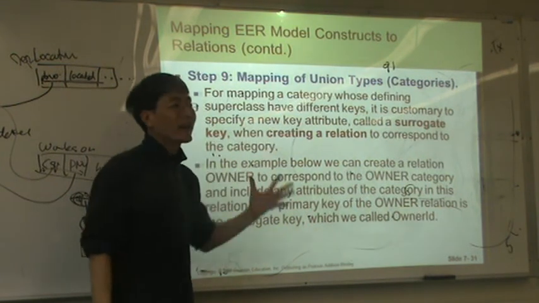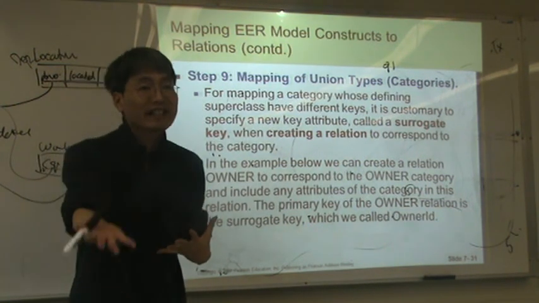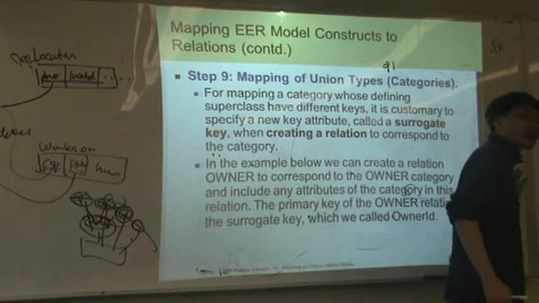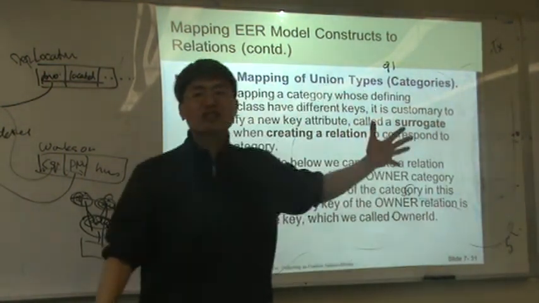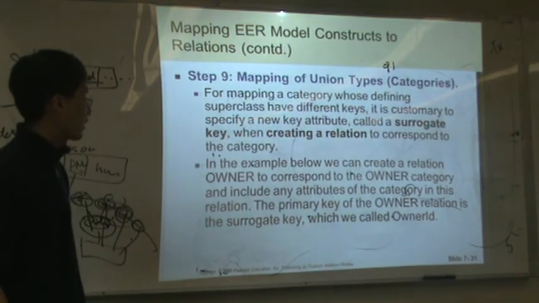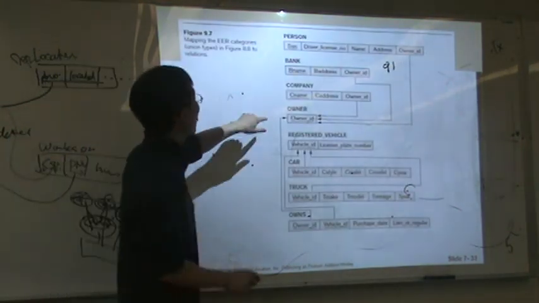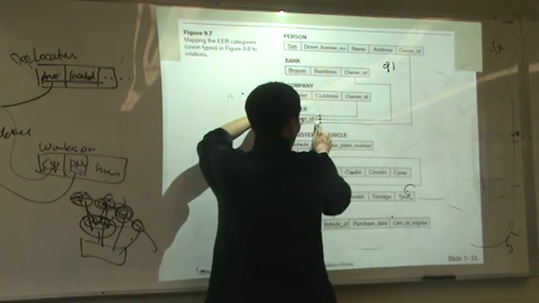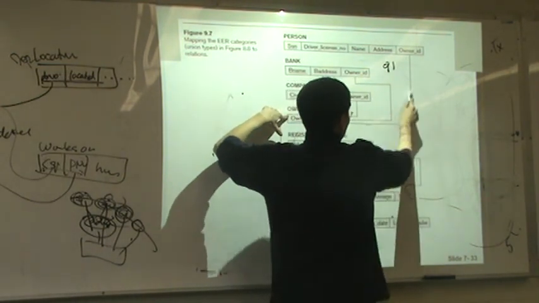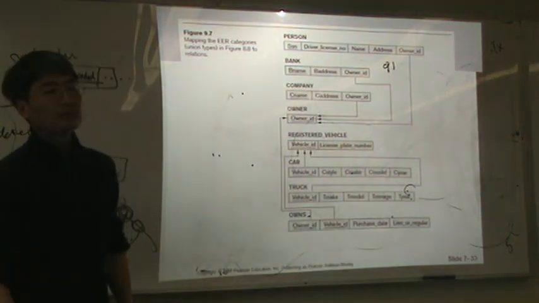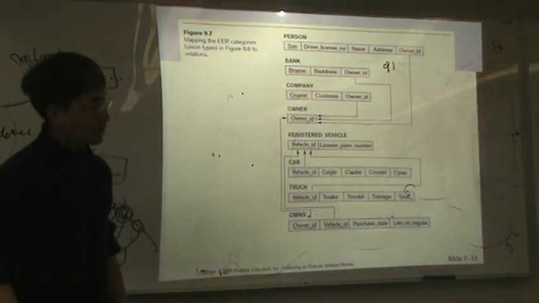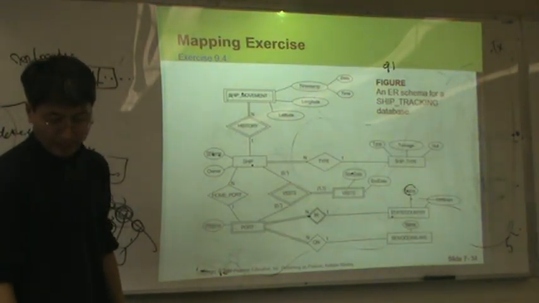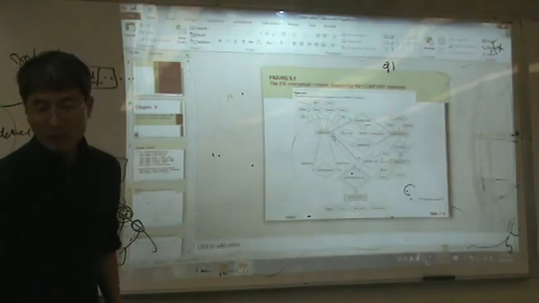That's a surrogate key, like the owner ID. Okay? Just like the sequence number that we create. In this case, it's not optional. You need to create the additional key. So you can create the owner ID for this. Owner ID, then owner. Then foreign key. This is called the union type. Similarly, you can do the vehicle. That's it. What time is it?